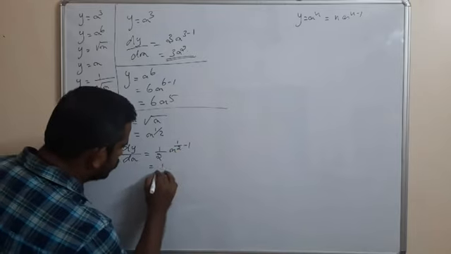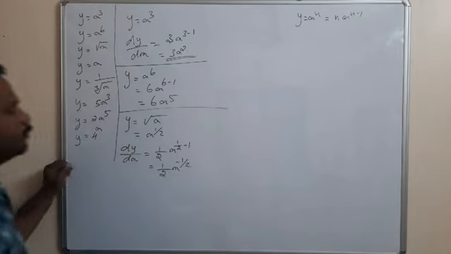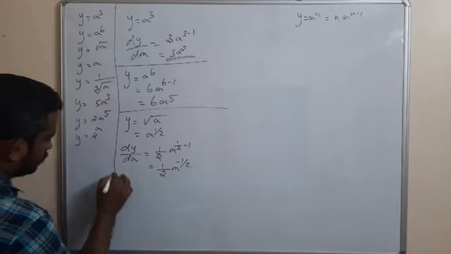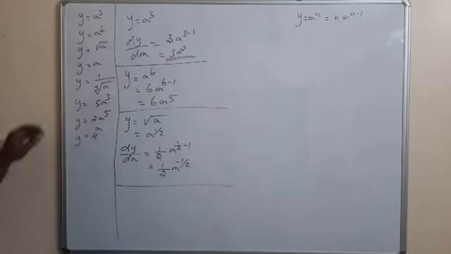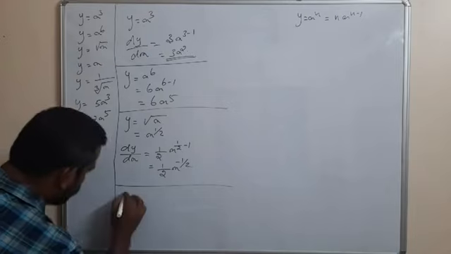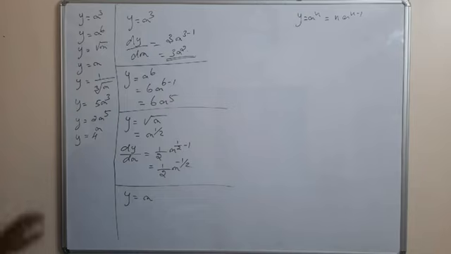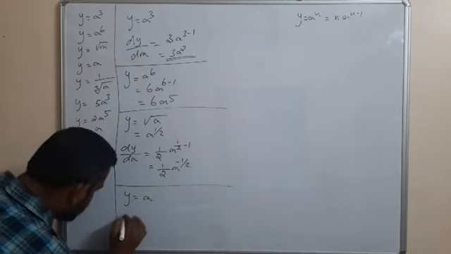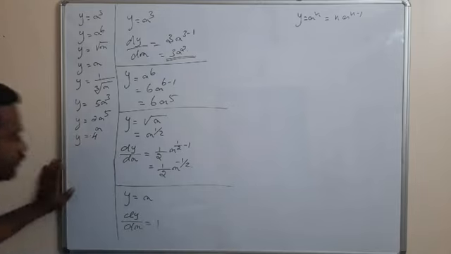So that's equal to 1 by 2 x power minus 1 by 2. Then y is equal to x, that is differentiation, dy by dx equal to 1.